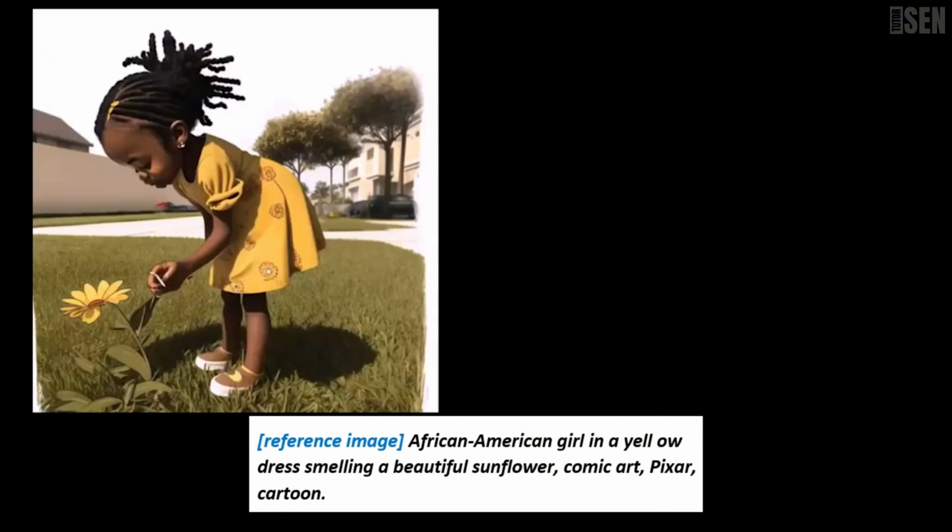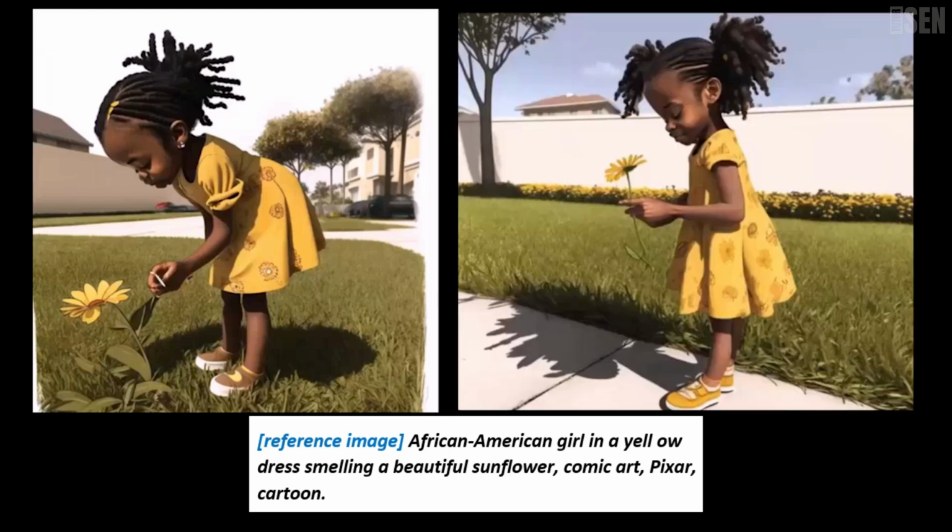And you can see AI changed the yellow plastic stick into an actual yellow flower. Also, in one of the pictures, it added a row of yellow flowers in the background to make it as if that's where the girl got the flower from. AI is also very good at blending the colors together, like the flower, like the background, like her dress, to make it pleasant to look at.